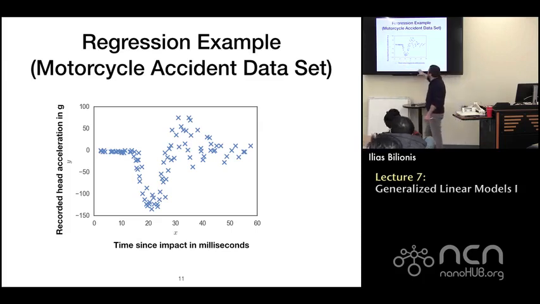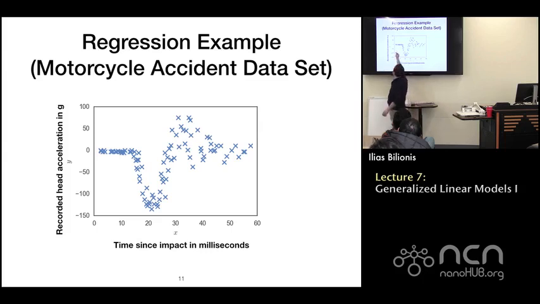What you see on the x-axis is the time after the impact of the motorcycle, let's say with a wall. That would be very hurtful, but anyway. In milliseconds, so how much time has passed after the impact. And on the y-axis, you see the acceleration in g's on a sensor that is on the helmet.